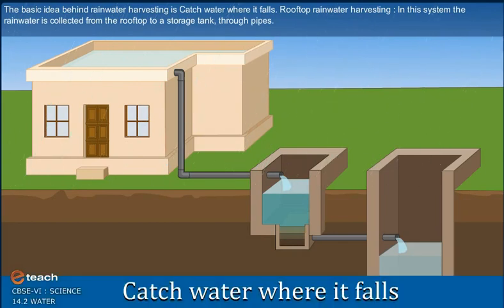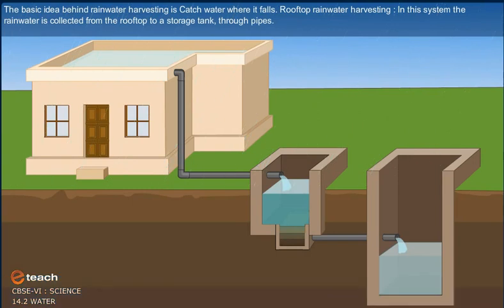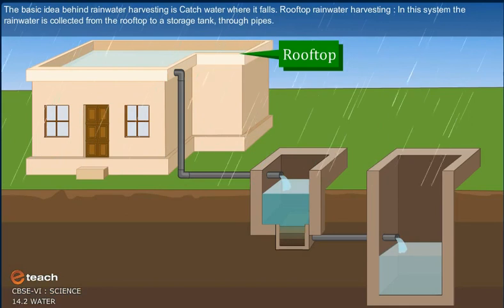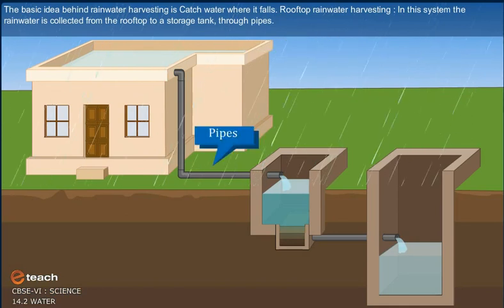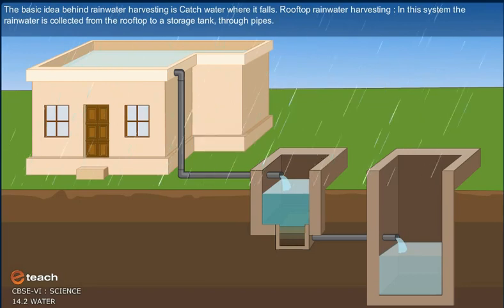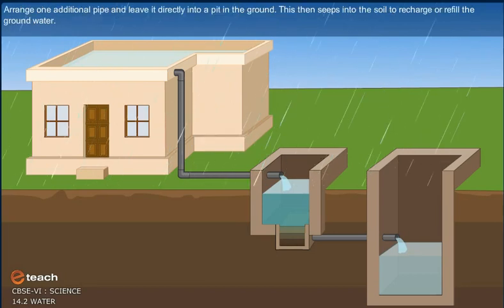Rooftop rainwater harvesting: in this system, the rainwater is collected from the rooftop to a storage tank through pipes. Arrange one additional pipe and lead it directly into a pit in the ground. This then seeps into the soil to recharge or refill the groundwater.